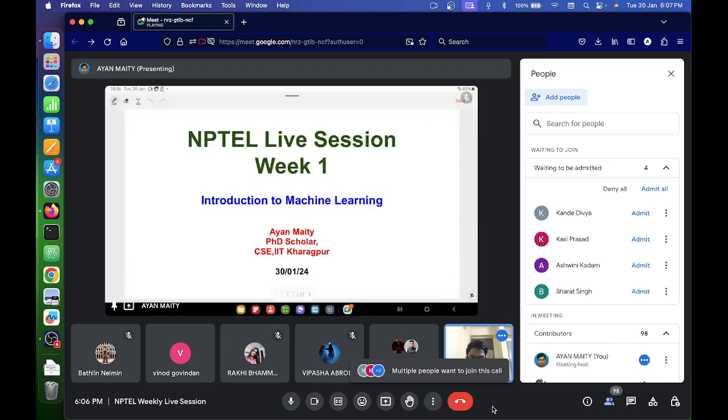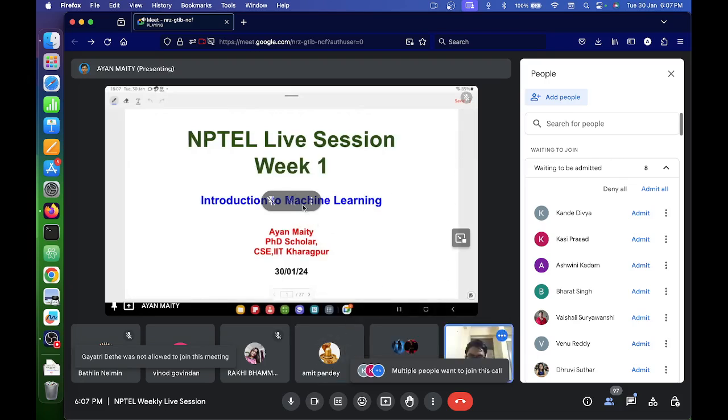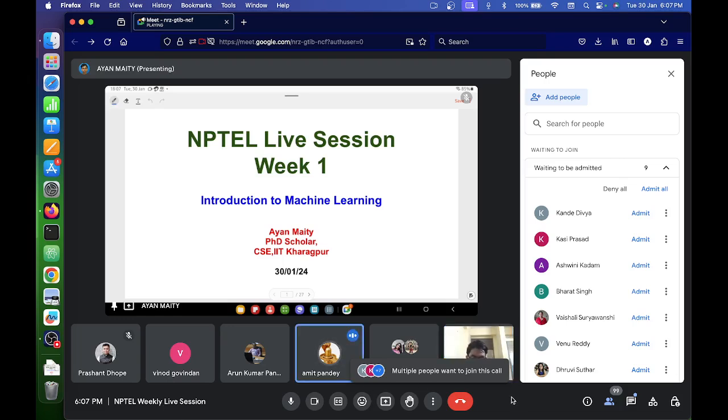Someone is saying to make the screen full screen, but I don't know how to do that.